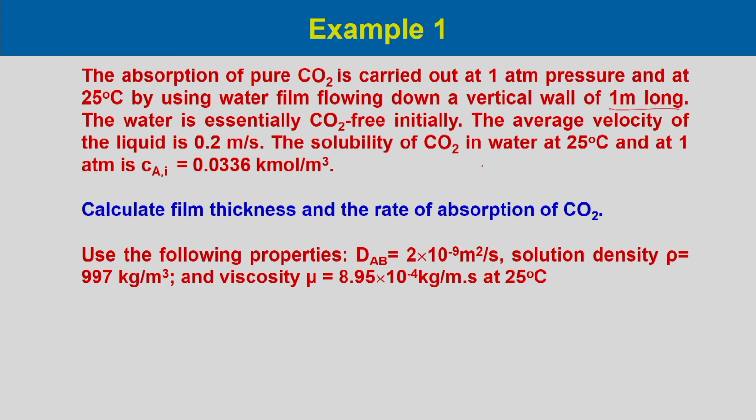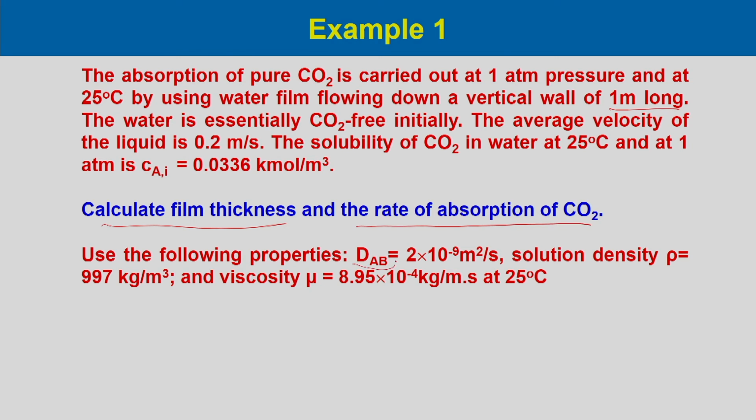The solubility of CO2 in water at 25 degree centigrade and at 1 atmosphere pressure, that is at C_AI, the interfacial concentration, is given as 0.0336 kilomole per meter cube. Now, we need to calculate the film thickness and the rate of absorption of carbon dioxide. Use the following properties.